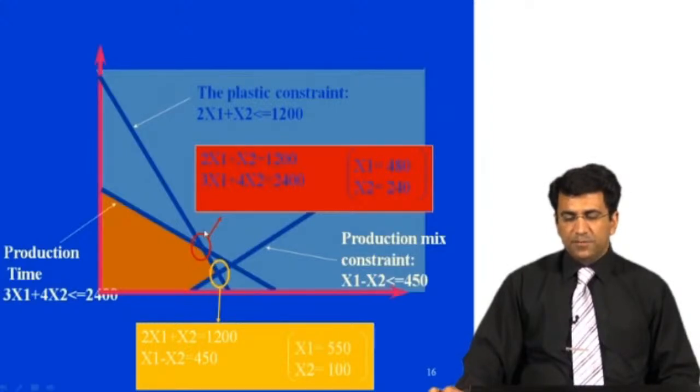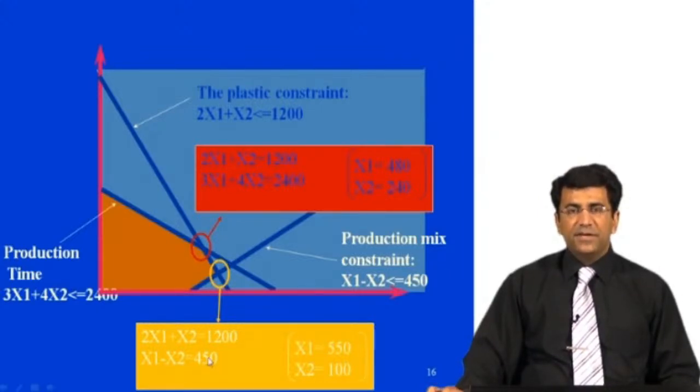So this particular point is the intersection of these two lines, that is the production time constraint and the production mix constraint, that is 2x1 plus x2 is equal to 1200 and x1 minus x2 is equal to 450. And now you know how to solve this equation by using the simultaneous method of solving equations.